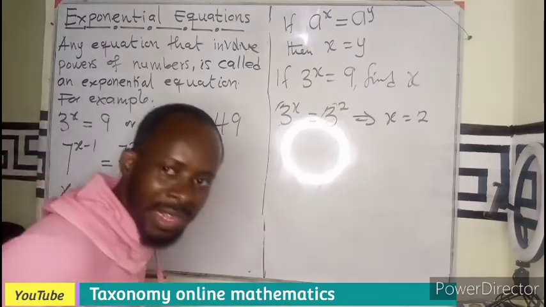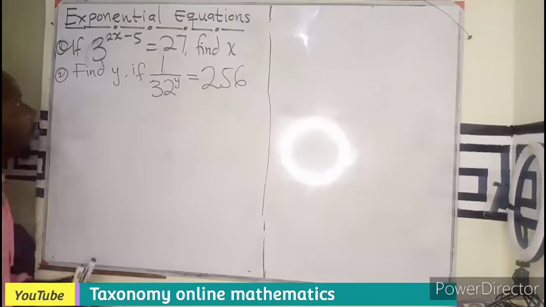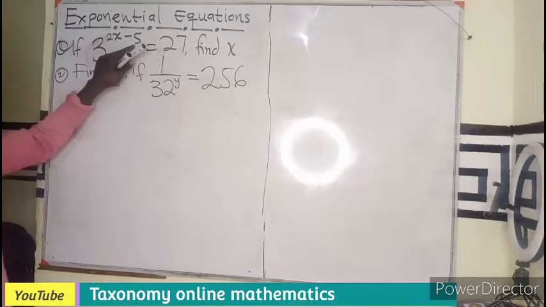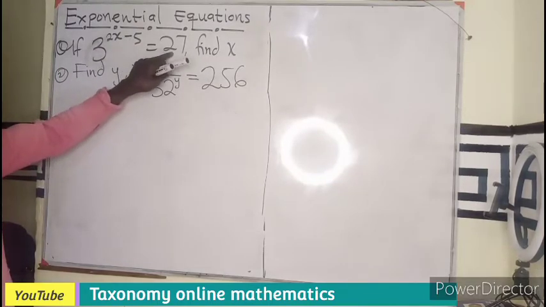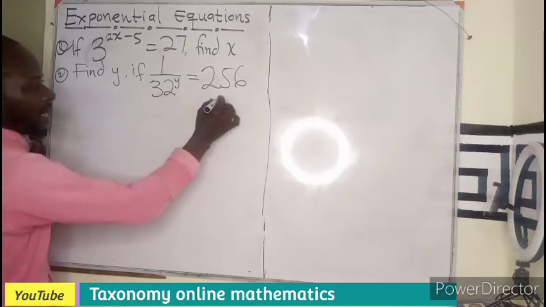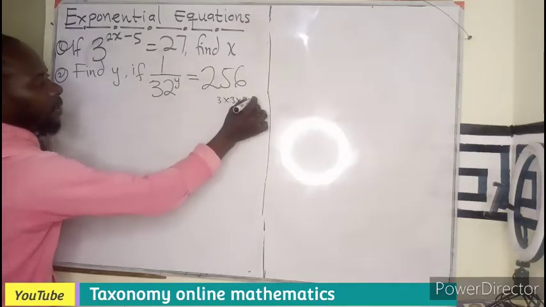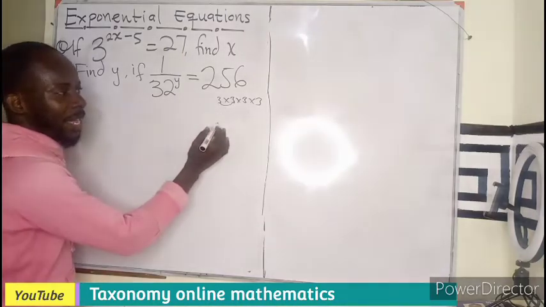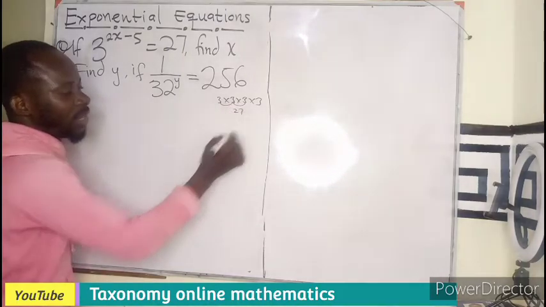If I have an example, we can see that this is base 3 exponent 2x minus 5, equals 27. So still I can easily break 27 to base 3. As in, if I am multiplying 3 times 3 times 3, how many will I multiply? 3 times 3, 9. 9 times 3, 27.